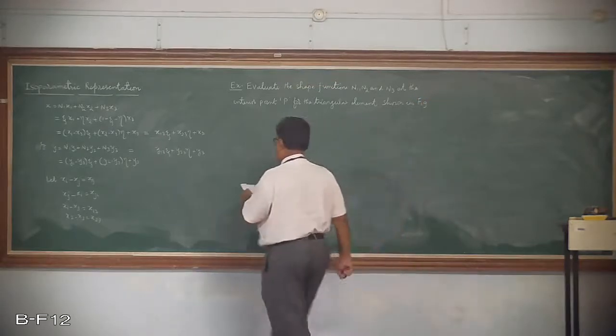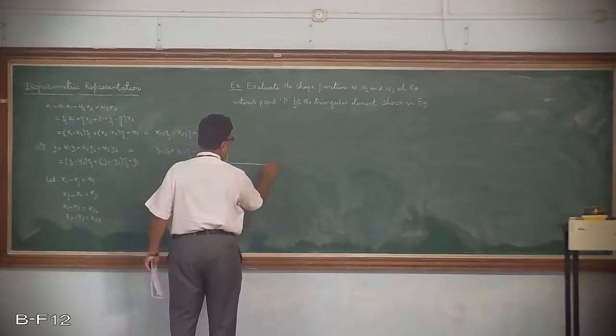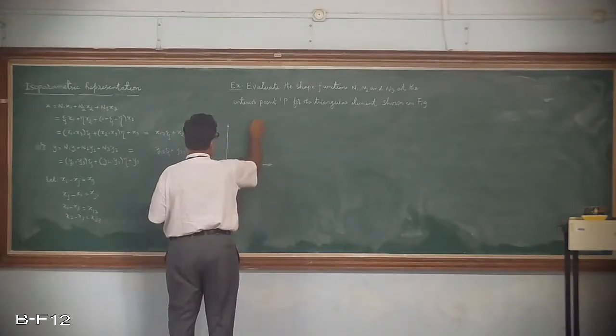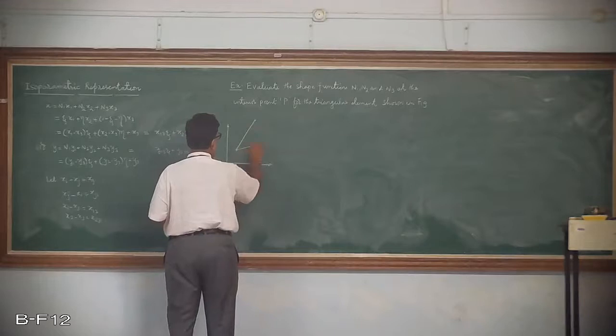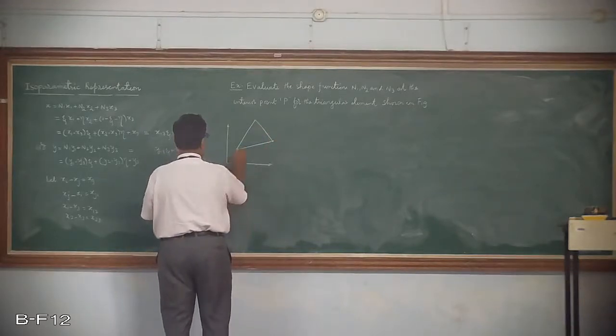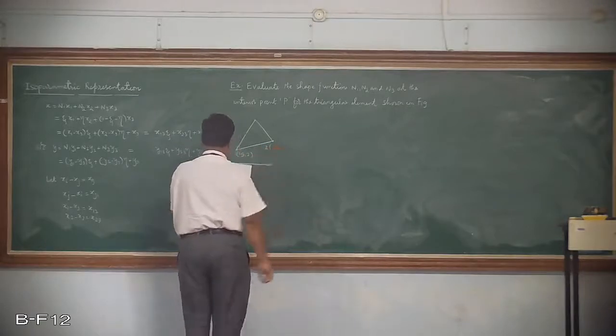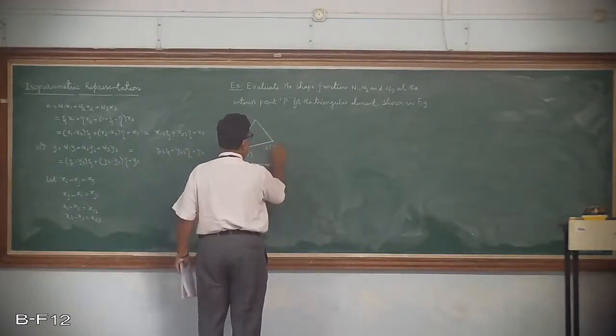So let us note on the sketch. This is the triangular element which is shown here. The coordinates of node 1 are 1.5 and 2. The coordinates of node 2 are 7 and 3.5.